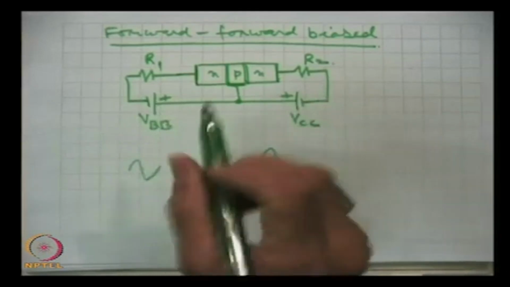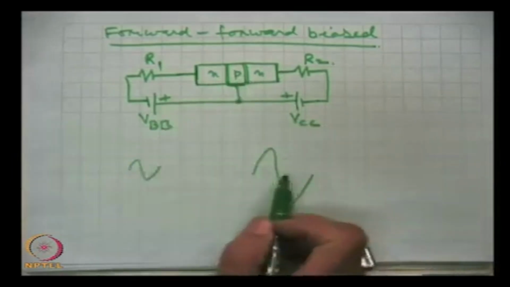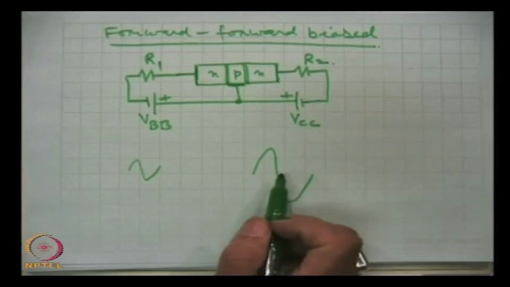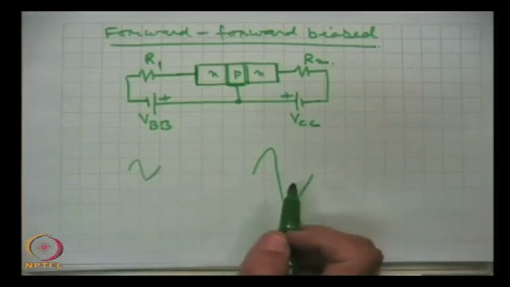If the currents are not varying, if they are independent, we cannot expect amplification, or if they are not varying linearly, they have some other relationship, then the output wave shape will be different from the input wave shape.